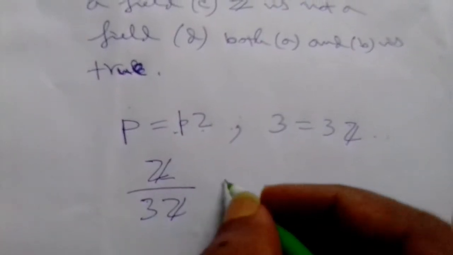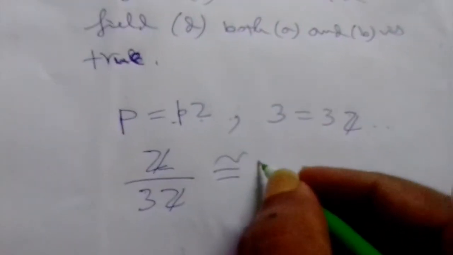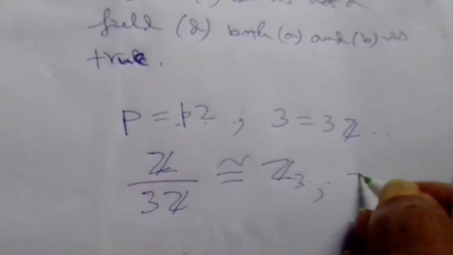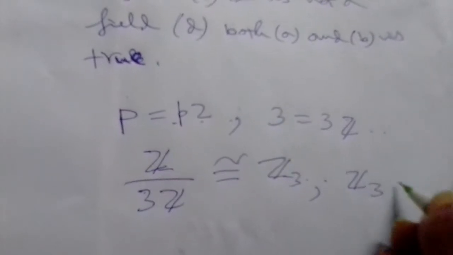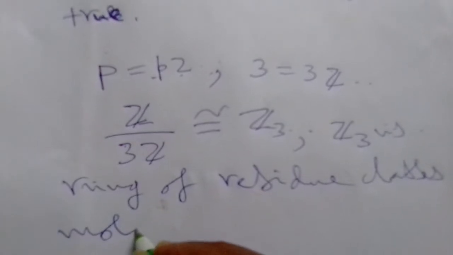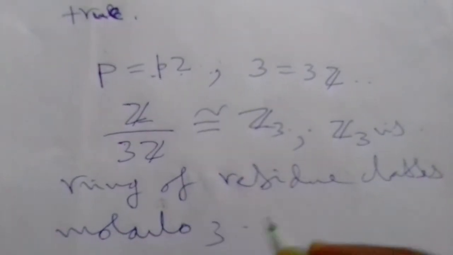Here p is a prime number, so Z by 3Z is absolutely isomorphic to Zp, that is Z3, and then this Zp, that is Z3, is the ring of residue classes of modulo 3, this result. So it's clear this is isomorphic and these are the same result.